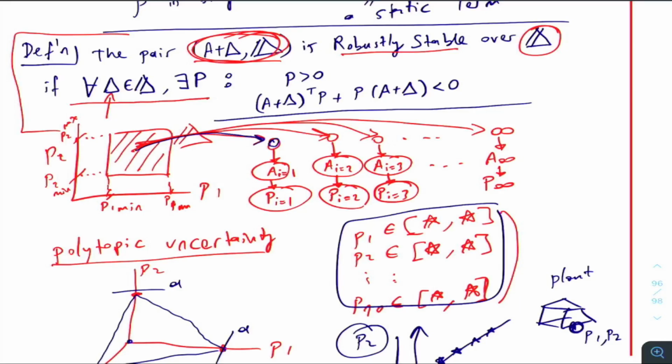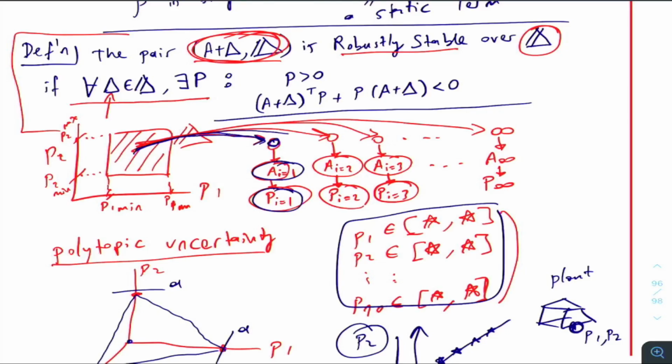Starting from one, we just sample one and iterate over that set, and for that parameter value, we have a corresponding state matrix, a corresponding linear time invariant system. For that state matrix, you will find a p value, and the same goes for other parameter values.